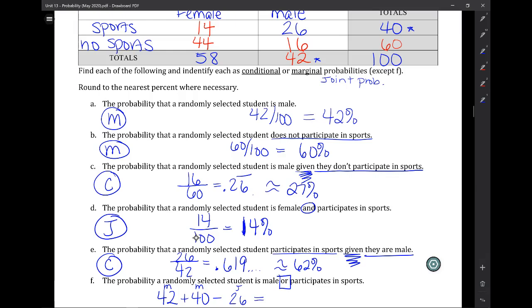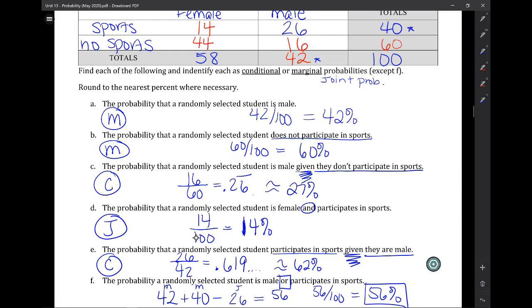So 42 plus 40 minus 26 is going to give me 56. And then I want to turn that into a percent, so obviously 56 out of the total 100, and I could have probably just put a percent sign on it, but just in case. All right, so that's how you would do or.